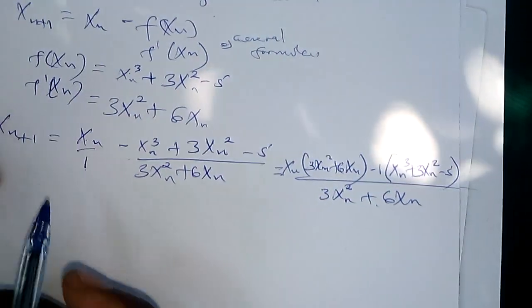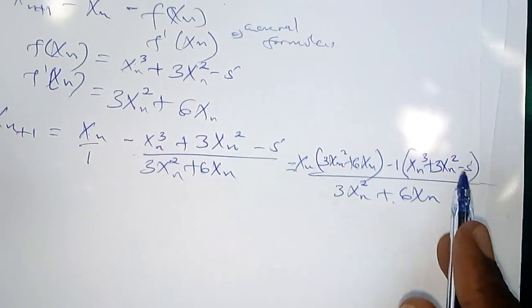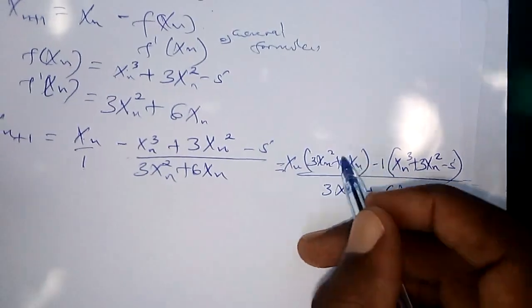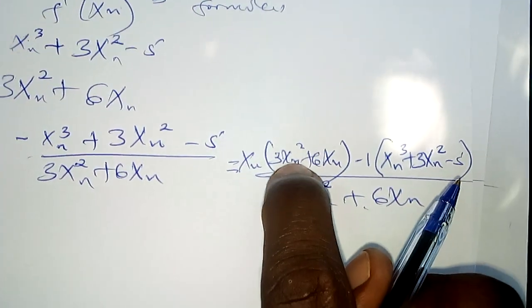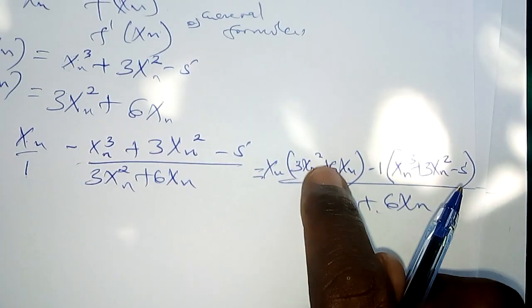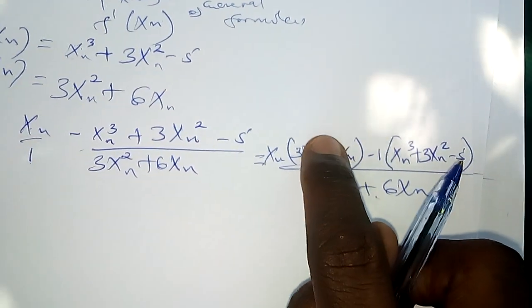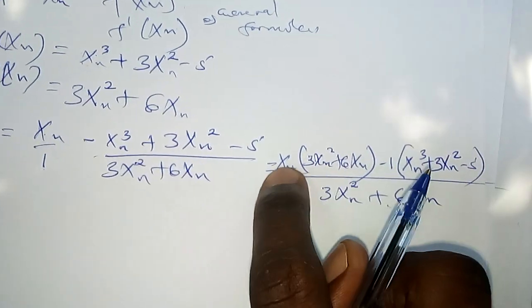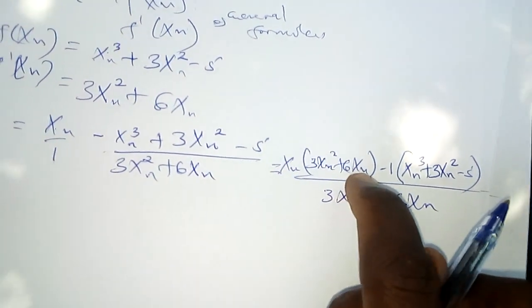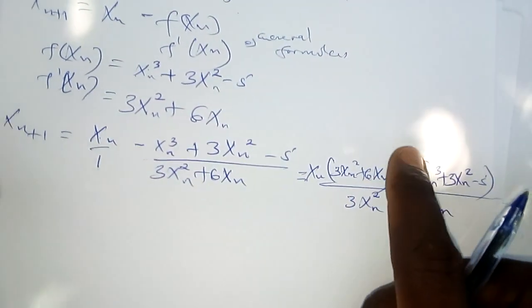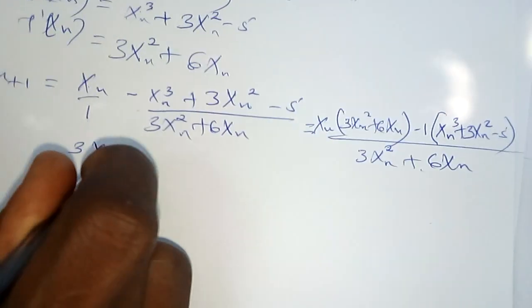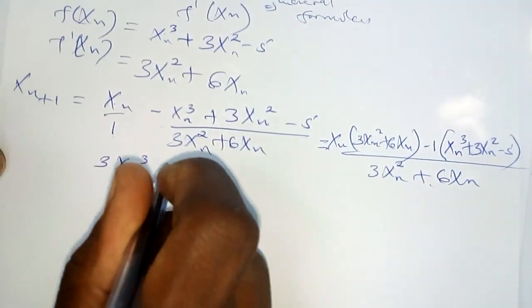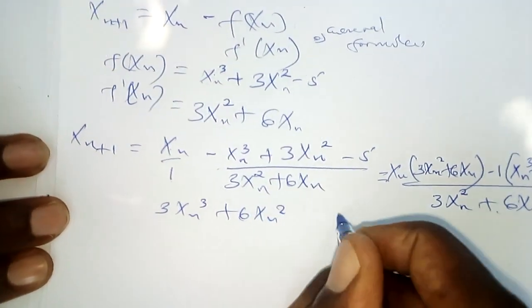So we continue to simplify this one. We open the bracket. When we open the bracket, we multiply xn by this one to get 3xn cubic, plus, when you multiply xn by 6xn, it will be 6xn squared. So it will be 3xn cubic plus 6xn squared.